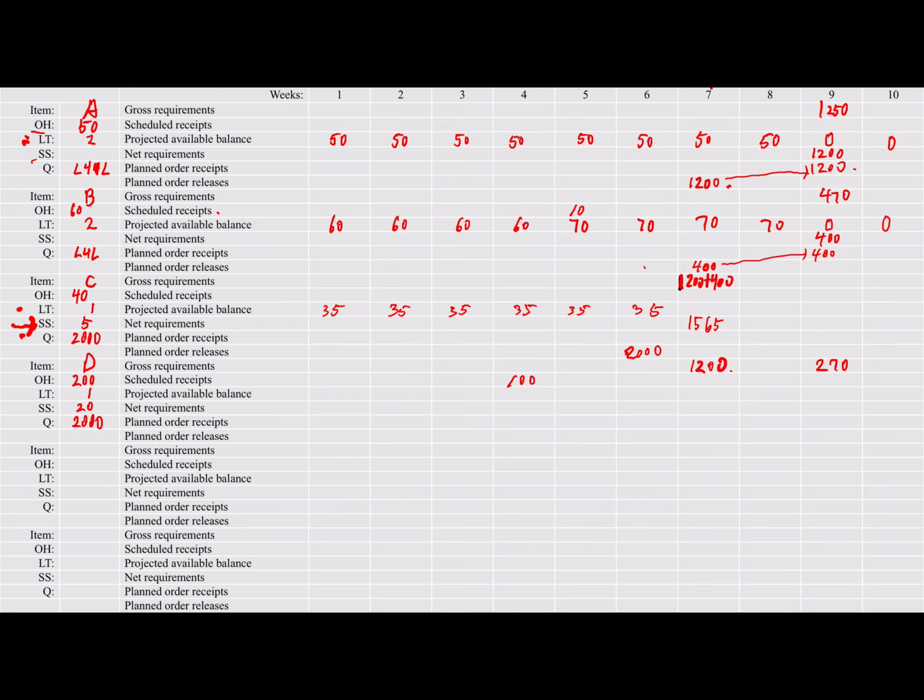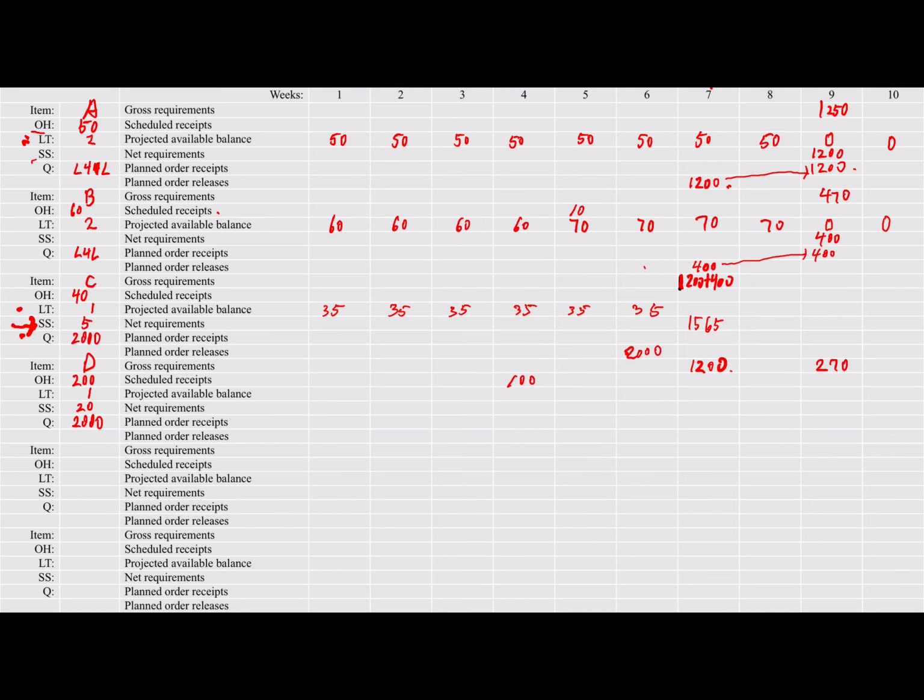Remember, every time we place an order, we go back and look at the product tree. We know that for each C, it requires 1 D. So now I already placed a 2,000 requirement for C here.